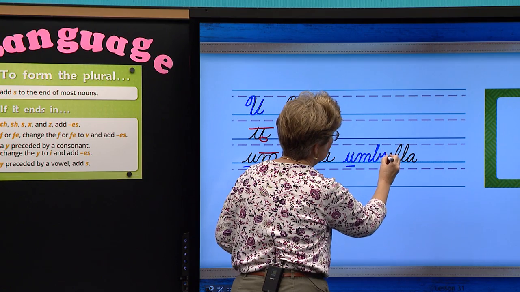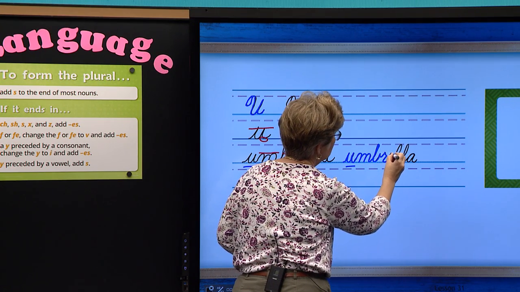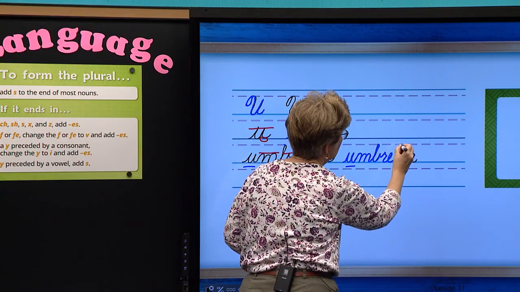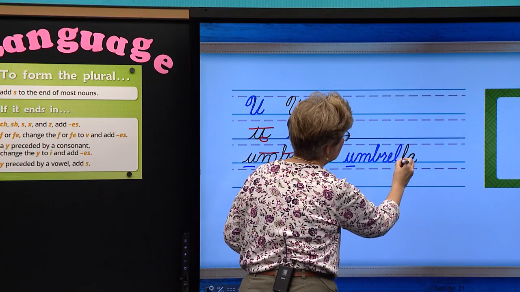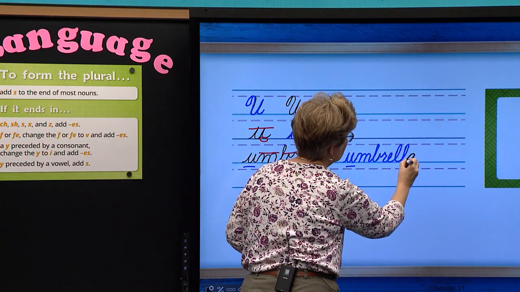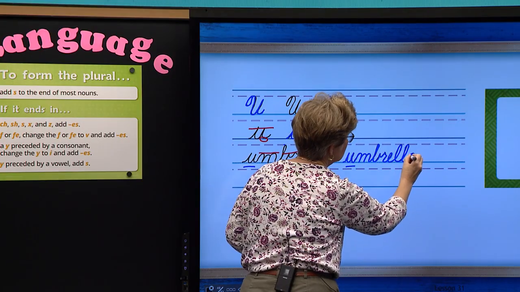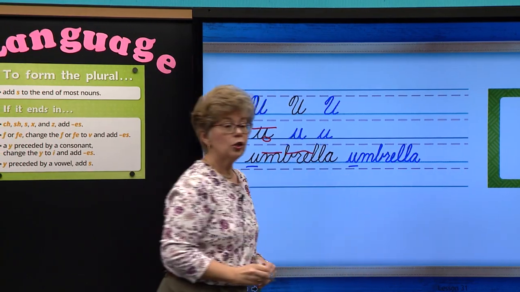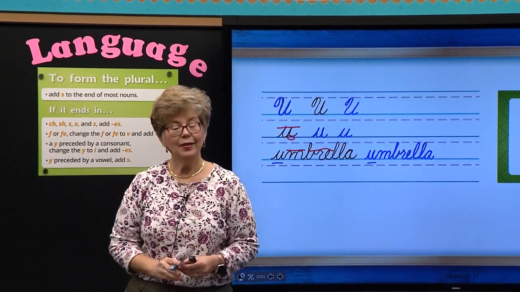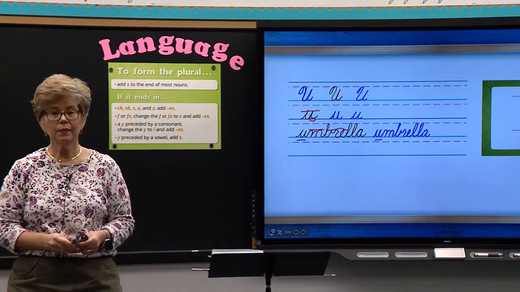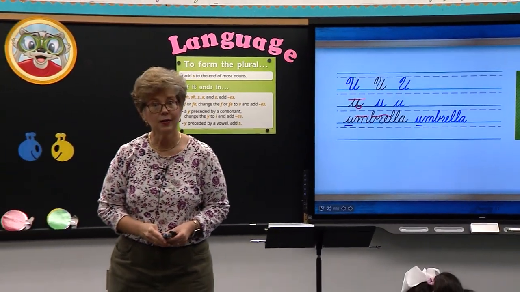Going into that R that is connected, the E, L's, second L, and the A at the end. Okay, you're going to trace the word umbrella and then write the word umbrella. If after you've written it, you note something that could be better, write it a second time.